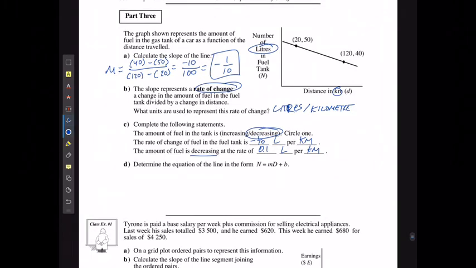If I am determining the equation of this line in the form n is equal to md plus b, we actually would have learned that in one of the other lessons here, so I'm just going to tell you that the equation is going to be n is equal to negative 1 over 10 d plus 52.